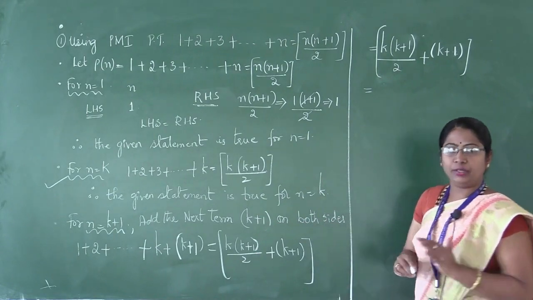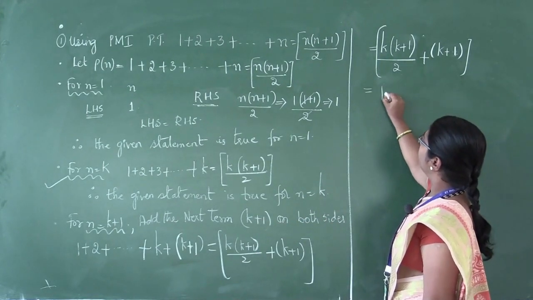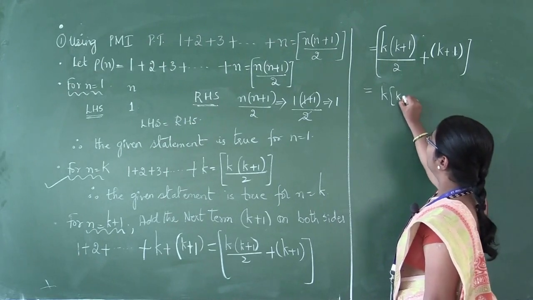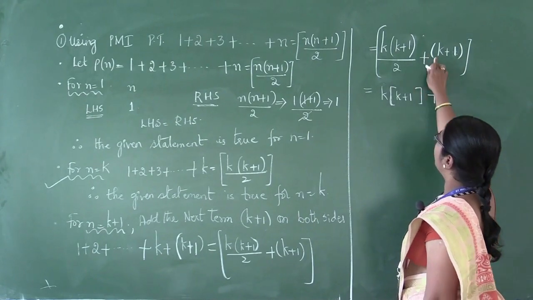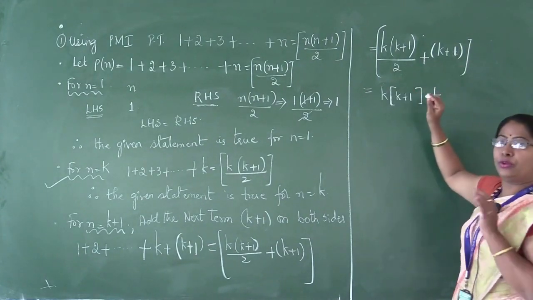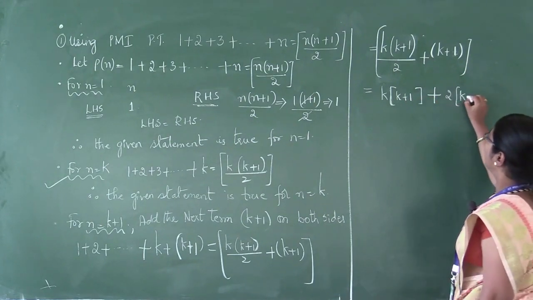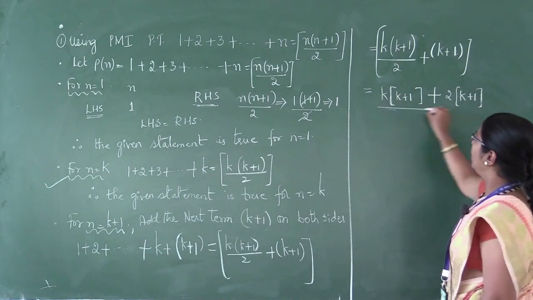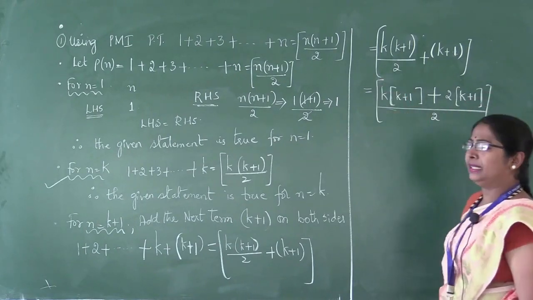The same step has been written here. Now, I need to take LCM and simplify, cross multiply. What do I have here? K into k plus 1, plus, when you cross multiply, what do we get? 2 times k plus 1, whole thing divided by 2.